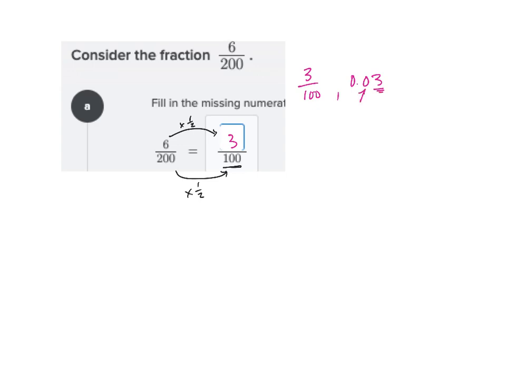This is the 10th place value here, and that's our 100th place value. Okay, and so that's what it would look like as a decimal, right? So it looks like a fraction here, a decimal here, and 3%.